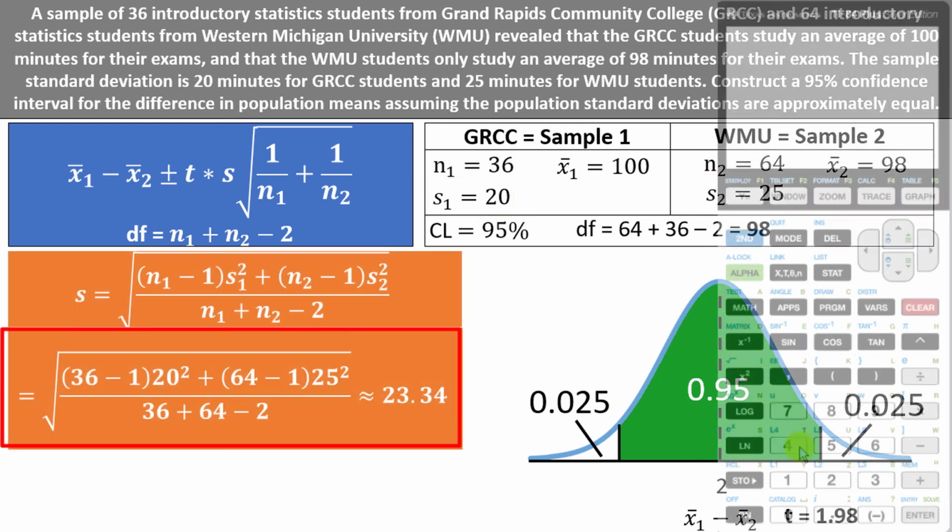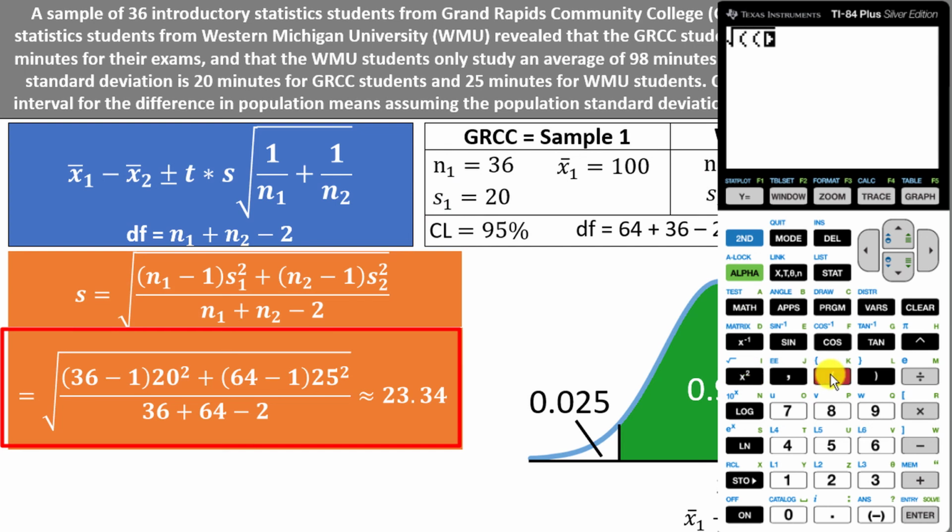Plugging in and using the calculator, we have the square root of open parentheses twice, once to represent the top of the fraction, and once to represent the parentheses in the formula, 36 minus 1, close parentheses, 20 squared, plus, parentheses, 64 minus 1, parentheses, 25 squared, close parentheses for the numerator, divided by, open parentheses, 36 plus 64 minus 2, close parentheses, and potentially close one more set of parentheses for the square root on some calculators.